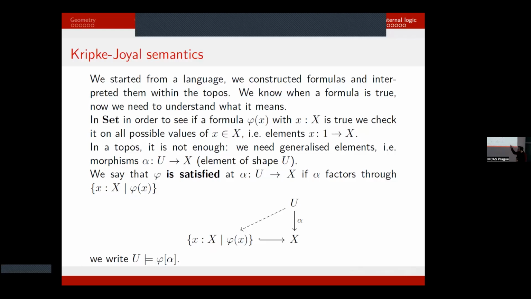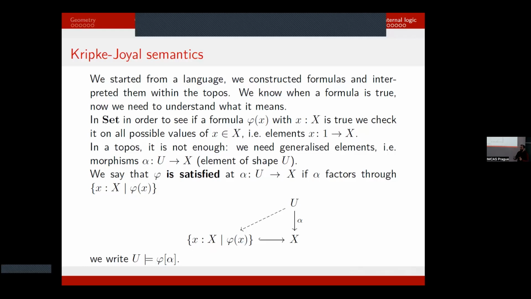In a topos, we need to find a way of understanding when a formula is true by induction, for instance. So we have a formula that's built of several things. We know that we build them by induction. So at each step, we need to understand how to deduce truth from the lower steps.